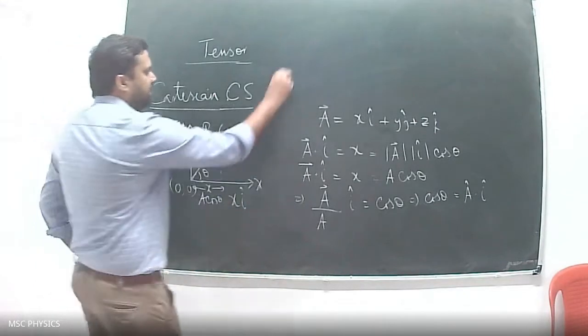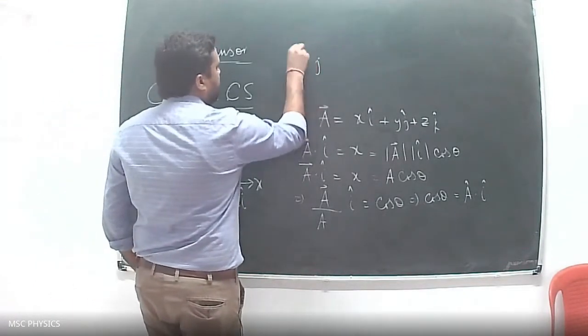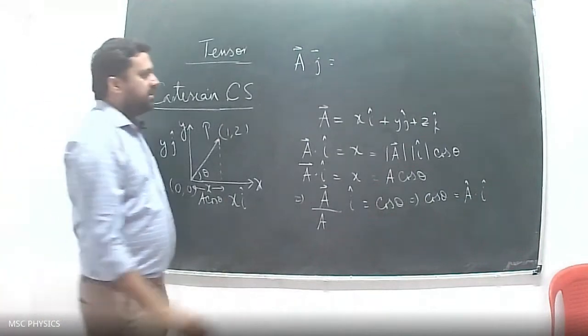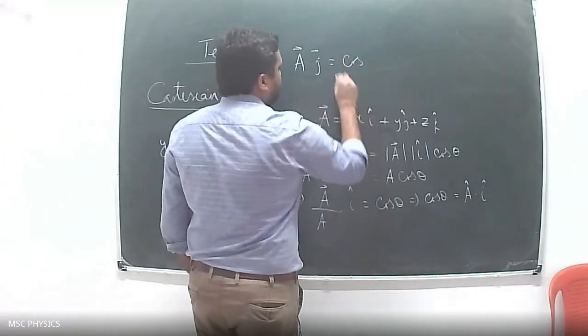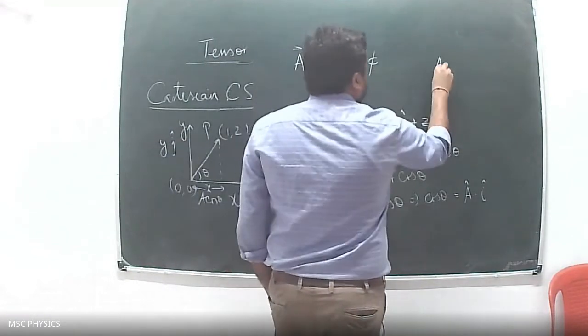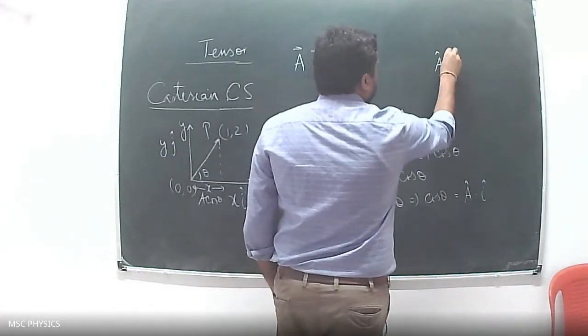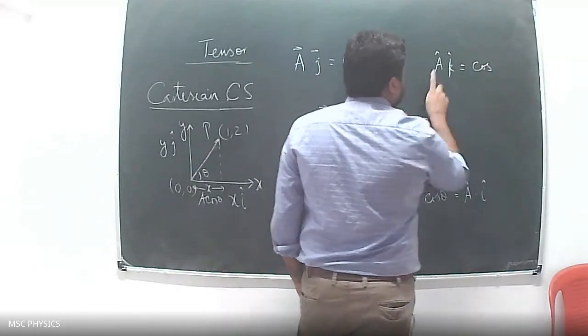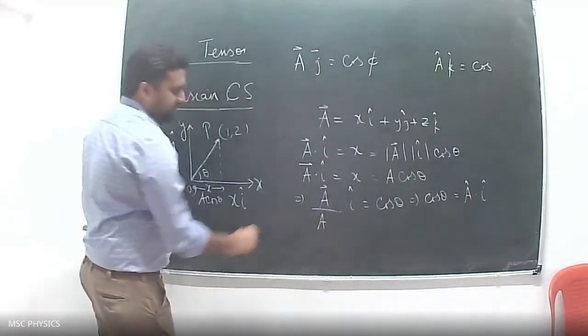Similarly, I can take A dot J, so what angle vector A is making with J, and that will come out to be cos of phi, and A dot K will be the orientation of vector A along direction K. So this is a unit vector. We divided it by the magnitude.